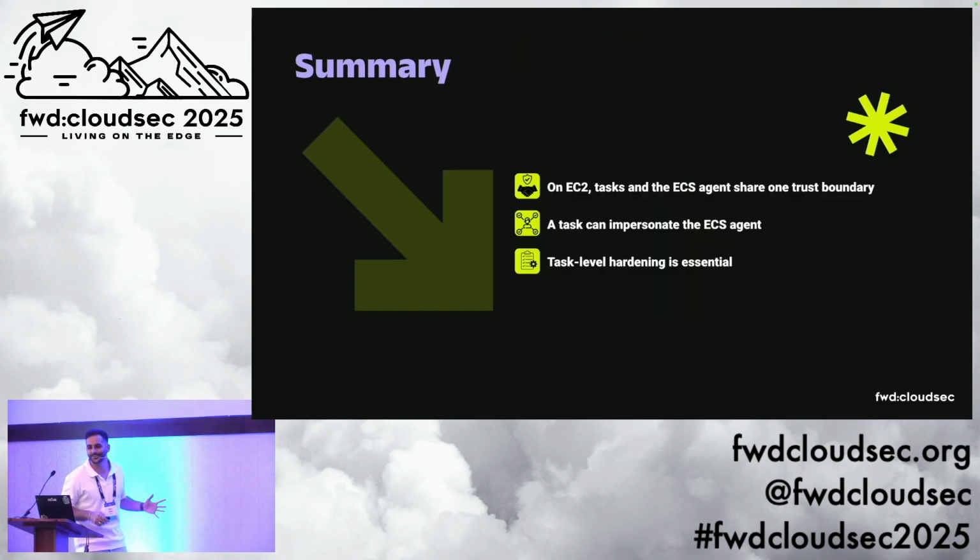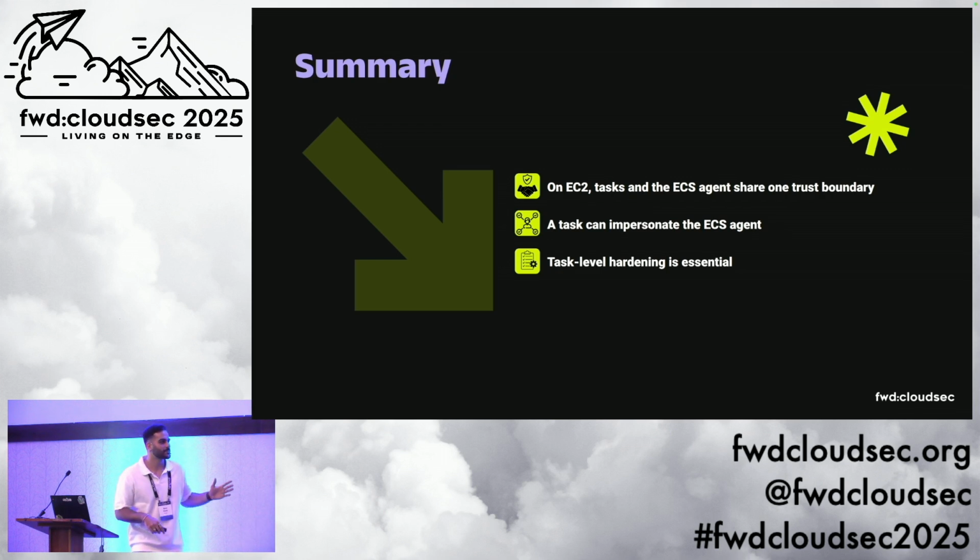So to summarize this whole talk, on EC2, tasks and the ECS agent share one trust boundary, okay? Any task can use the discover poll endpoint and poll permission to impersonate the ECS agent and hijack roles on the same instance or leak data that it wasn't able to before.